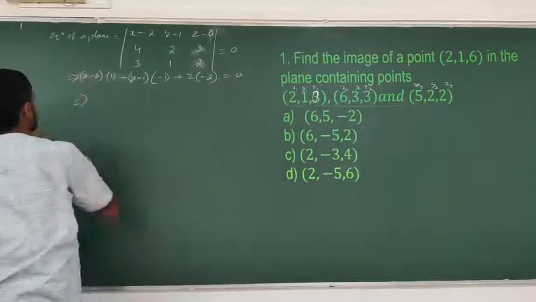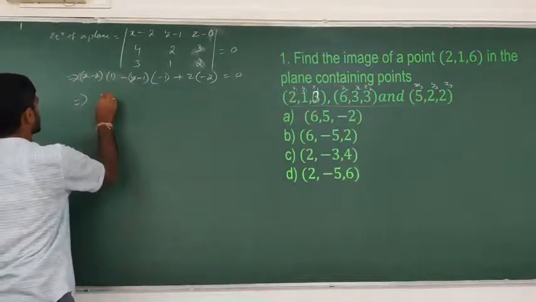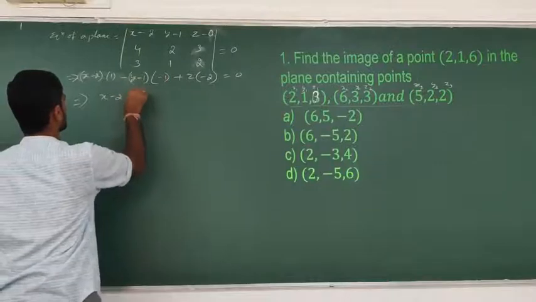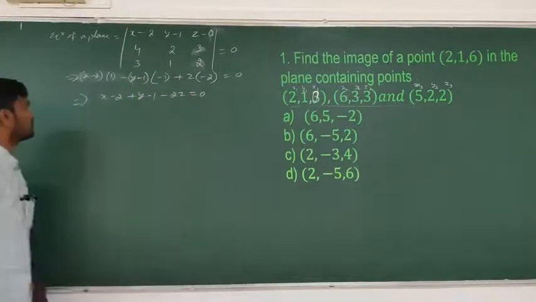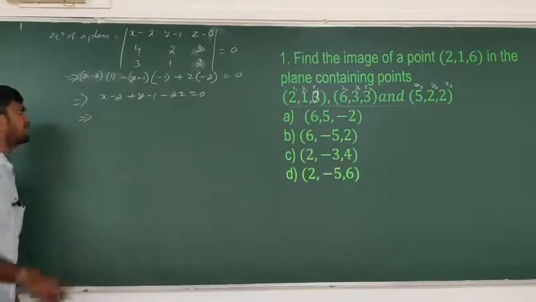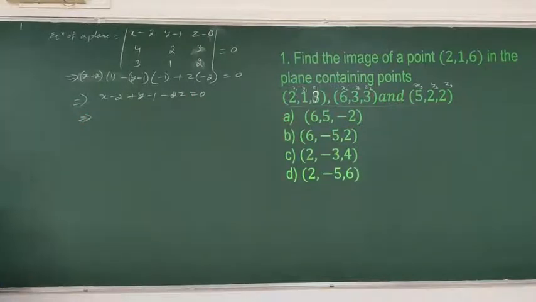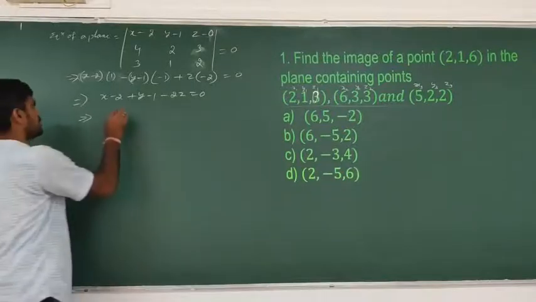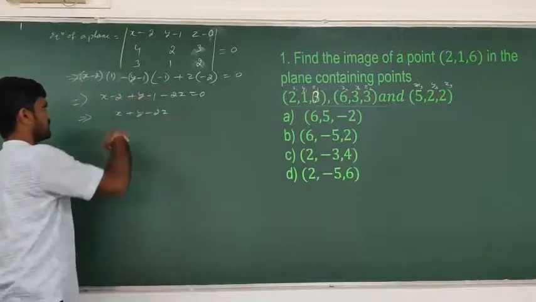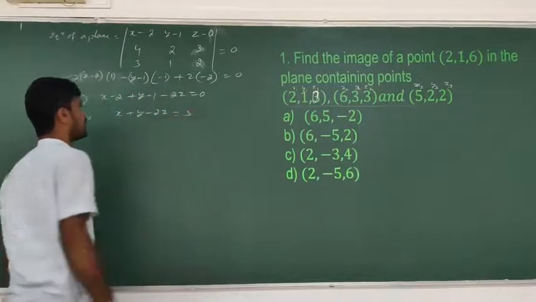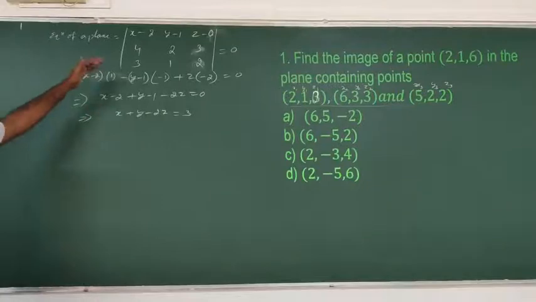This implies x minus 2 plus y minus 1 minus 2z is equal to 0. So the equation of the plane is x plus y minus 2z, minus 2 minus 1 is minus 3. If we transfer that to the right hand side, it becomes plus 3. Then this is the equation of the plane.